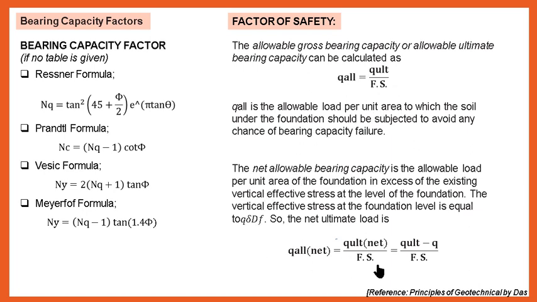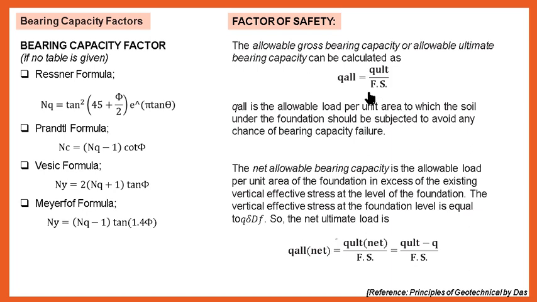And then for the net allowable bearing capacity, our net is equal to the net ultimate bearing capacity over our factor of safety. So, when we say net, we subtract the Q of our soil from our ultimate bearing capacity to solve for our allowable net bearing capacity, Q sub all net.